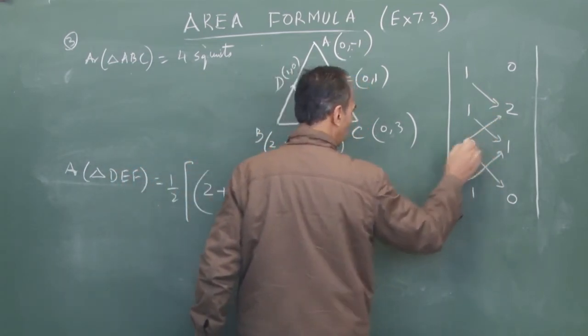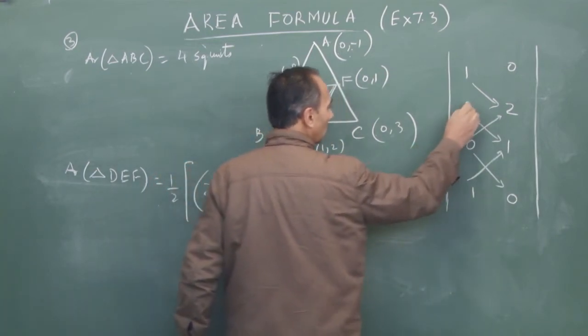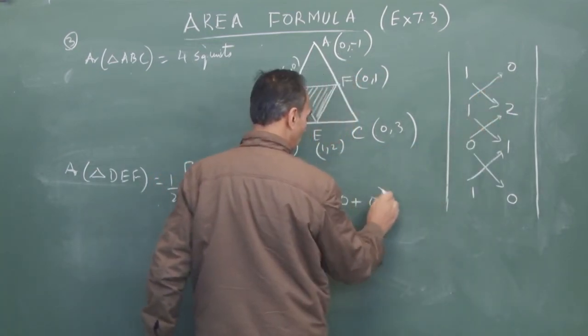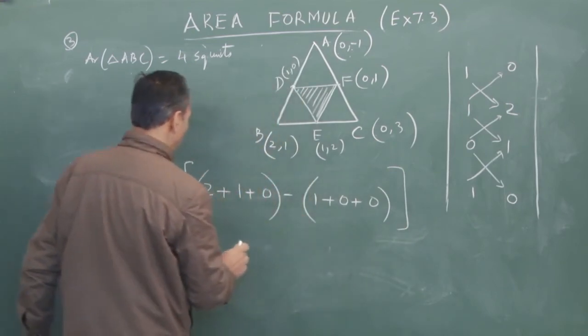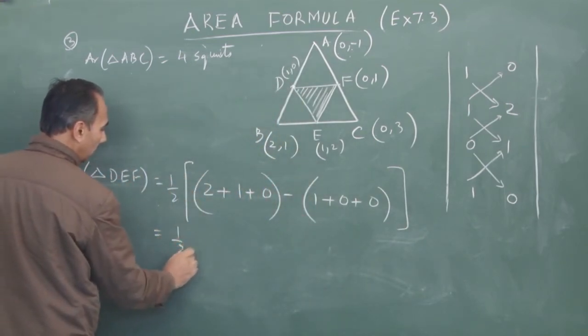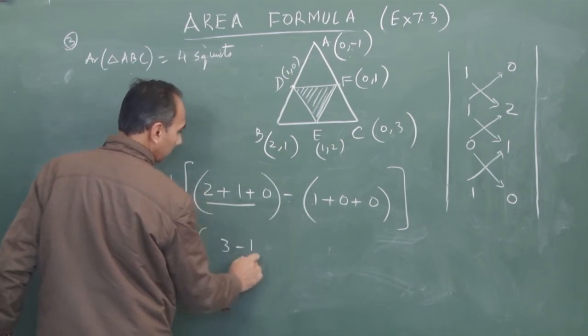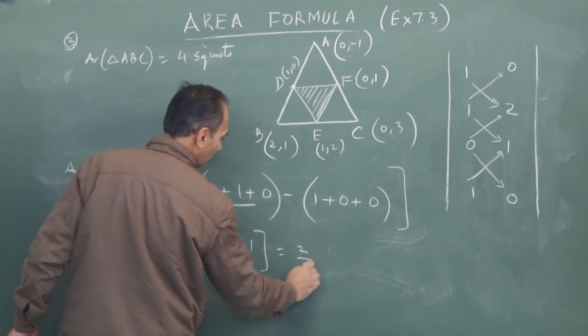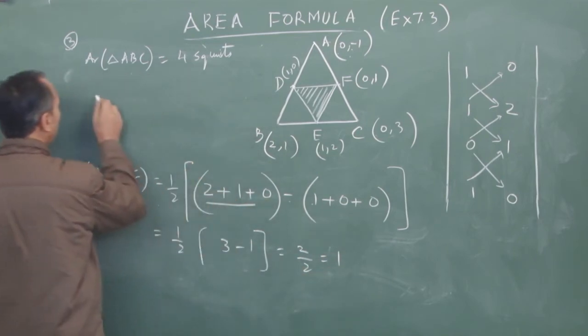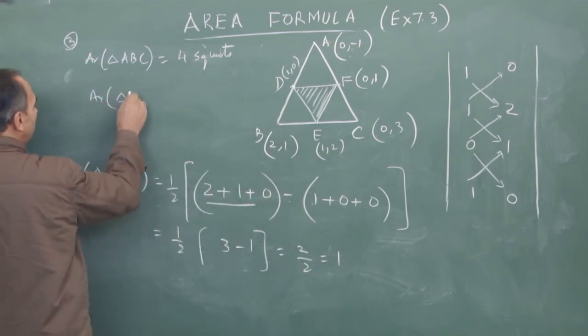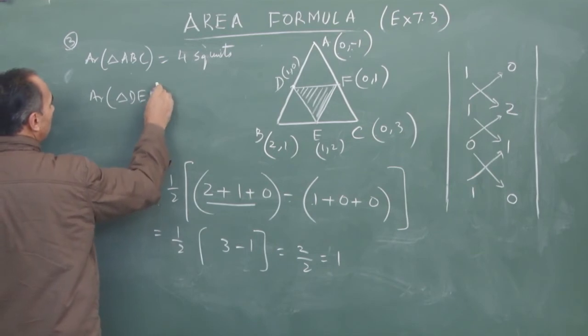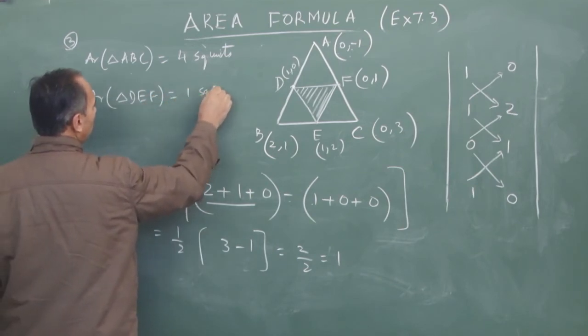Plus 0 into 2 is 0. Plus 1 into 0 is 0. So this is 1/2. 2 plus 1 makes it 3 minus 1. That's 2 by 2. That's 1 unit. So area of triangle DEF is 1 square unit.